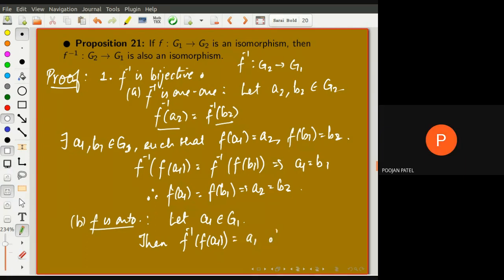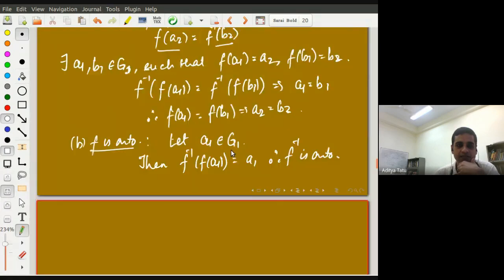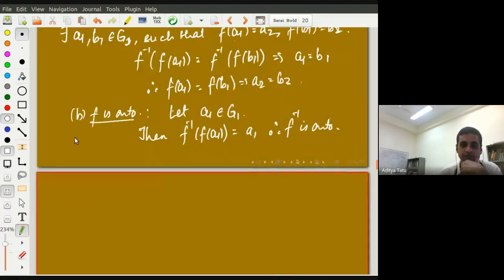Therefore, F inverse is onto. Okay, that leaves us with one more thing, which is to show that F inverse is a homomorphism. How will you show that?